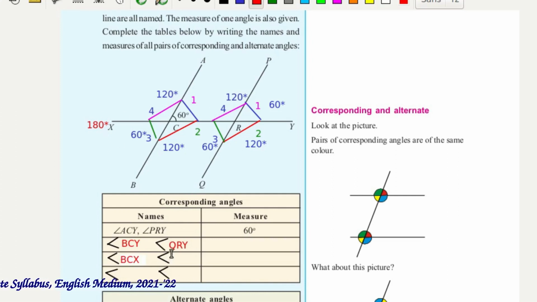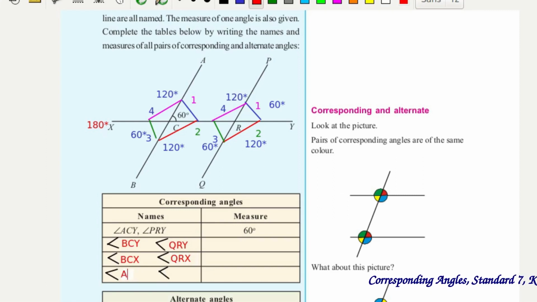The fourth one is these two angles, angle ACX and angle PRX.